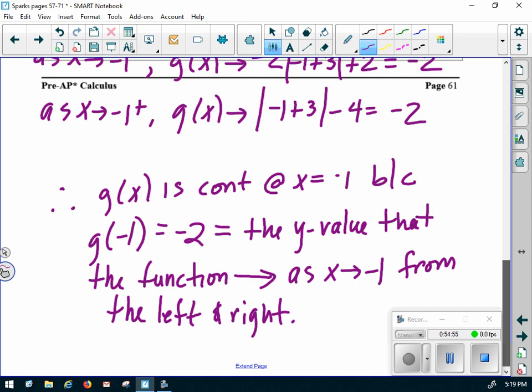What it means is the open circle created by those two pieces coming together at the same place is filled in. That open circle is filled in.